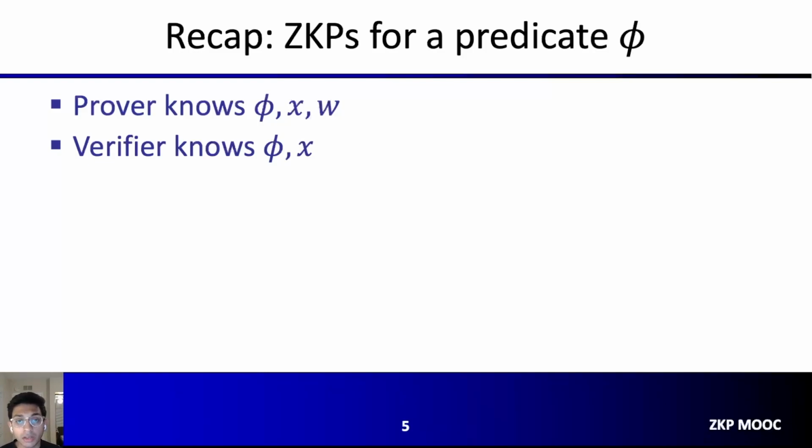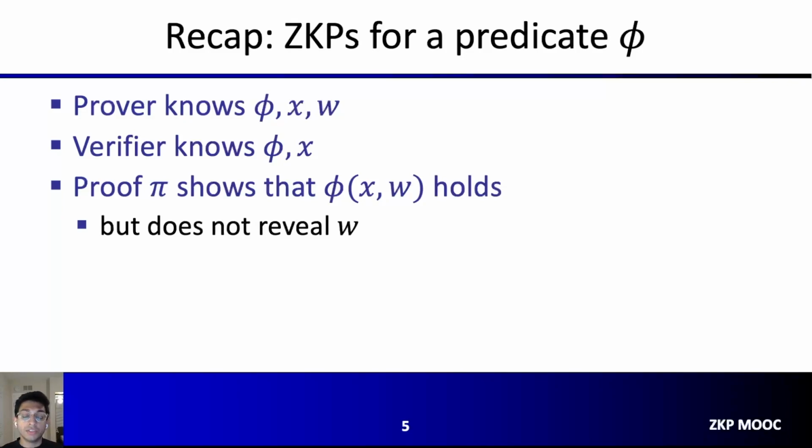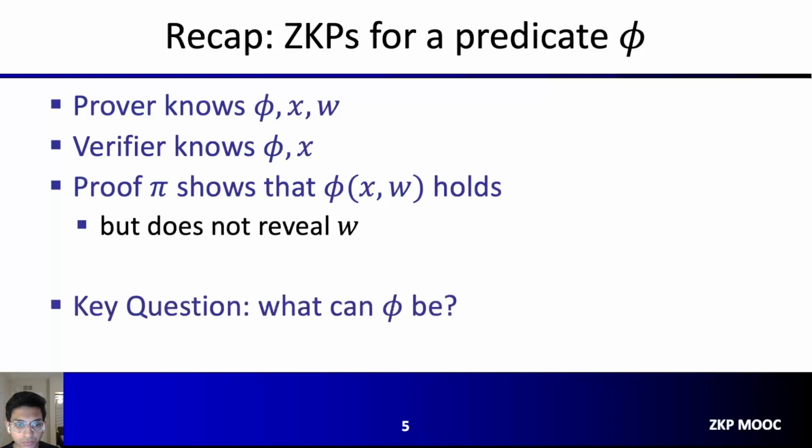The verifier, in turn, only knows the predicate and x. The zero-knowledge proof allows the prover to show that the predicate is satisfied, namely that phi on x comma w outputs 1, in a way that completely hides the private input w.